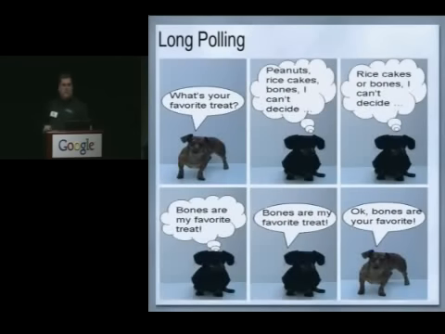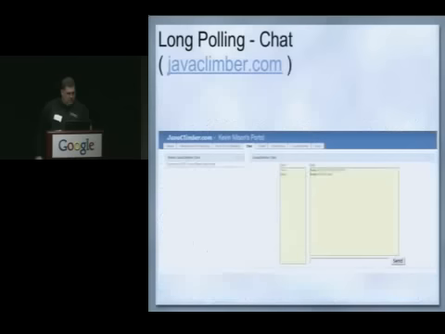So back to the dogs, right? What's your favorite treat? And he thinks about it, and he kind of narrows it down. He thinks some more, and then finally he replies, bones are my favorite treat. So what you see here is you're not seeing that interaction going back and forth between the dogs, and the second he's made up his mind, he is immediately able to give him that data.